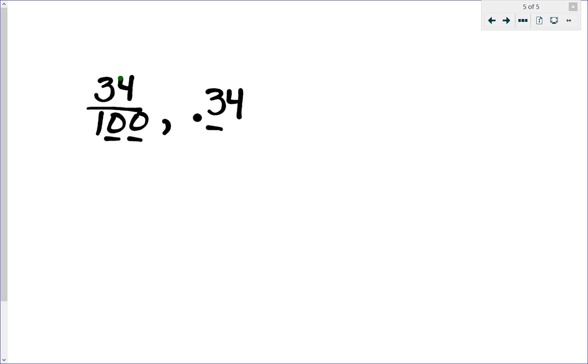That tells me how many numbers I'm going to need behind the decimal point, so I have two numbers after the decimal point. And then my percent is just moving my decimal point over 2, so I get 34%. That was one of those things we've talked about in the past.